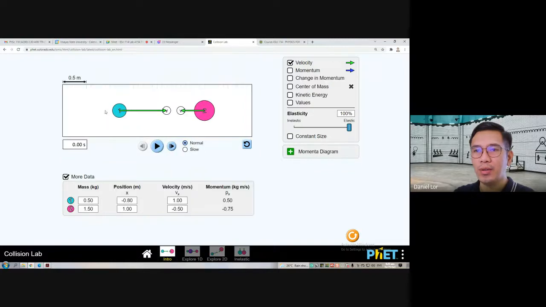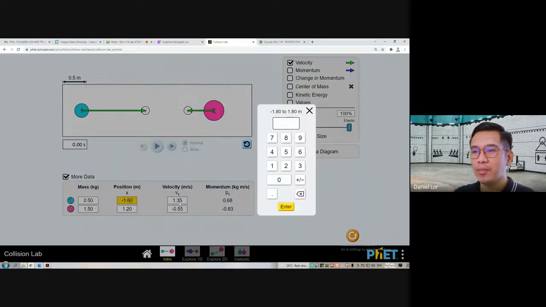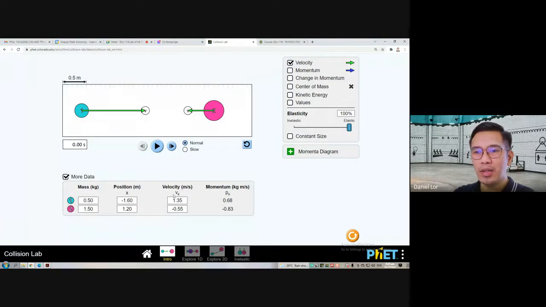But for the intro, it's along x only. Aside from moving the ball, you can also adjust the velocity by moving the arrow. Click and drag. We can adjust the velocity, click and drag. We can also adjust the position and velocity by clicking on this More Data box.